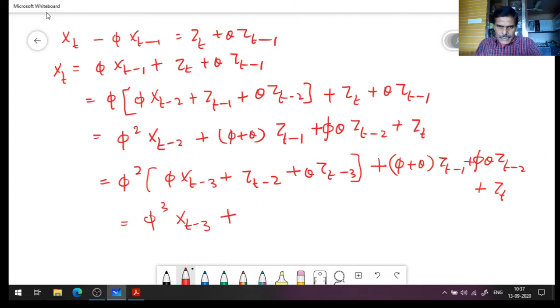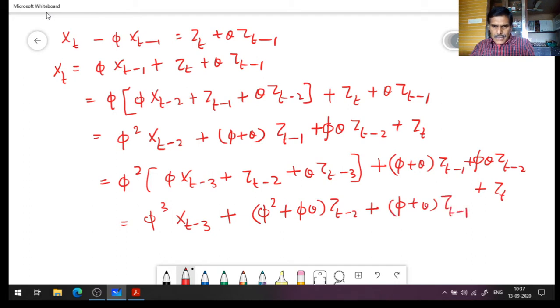Now if you look at zt minus 2, you have phi square plus phi theta into zt minus 2 plus, okay, then you have phi plus theta zt minus 1, then you have, so this we've written, zt minus 2 we have written, then you have phi theta, sorry, phi square theta zt minus 3, and then you have zt here, right?